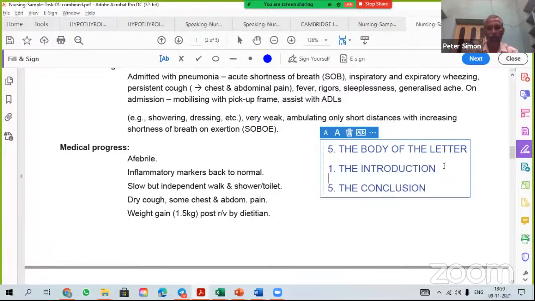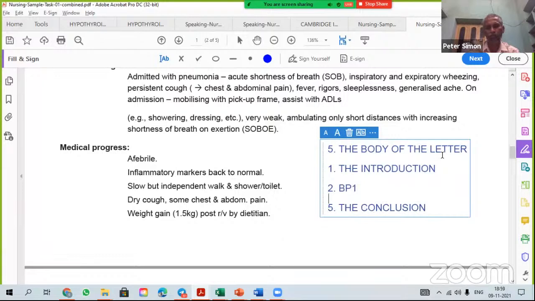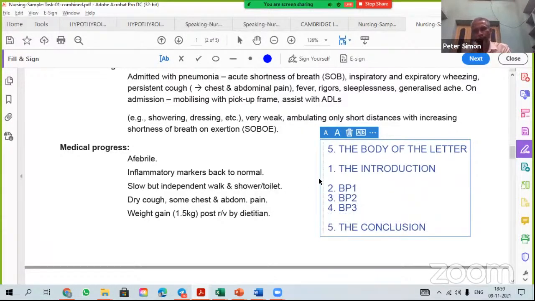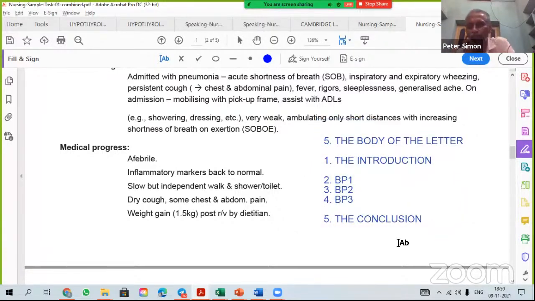Between them are number 2, BP1. Number 3, BP2. Number 4, BP3. These are the five: the introduction, body paragraph 1, body paragraph 2, body paragraph 3, and the conclusion.